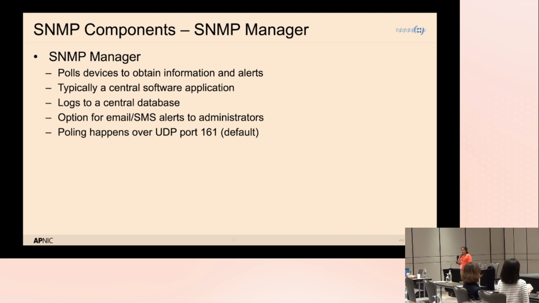This is one of the reasons we call it simple, because you only have 1, 2, 3, 4, 5, 6, 7. So get, if you have a specific OID. Get next, if it's already sequential and you don't want to specify the OID every single time.